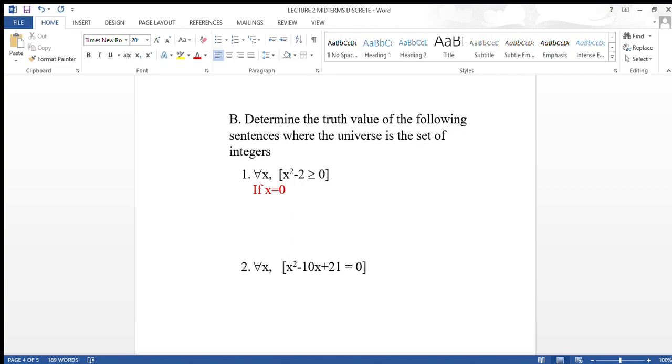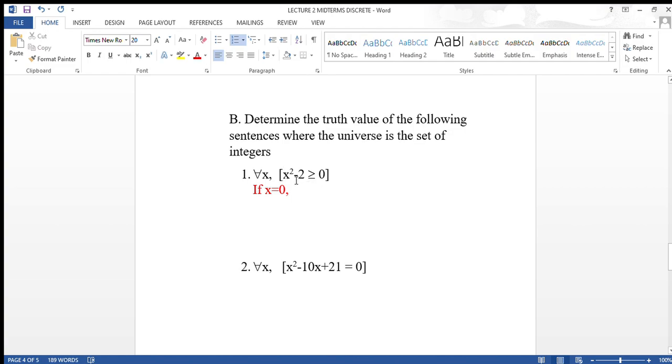If x is 0, what do we get? We have 0 squared minus 2, which is minus 2, right? Substitute it here. You have 0 squared is 0, minus 2 is minus 2. Question, is -2 greater than or equal to 0?